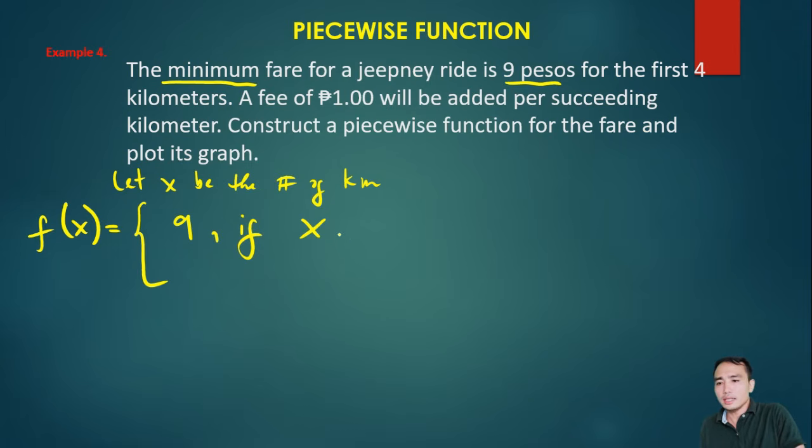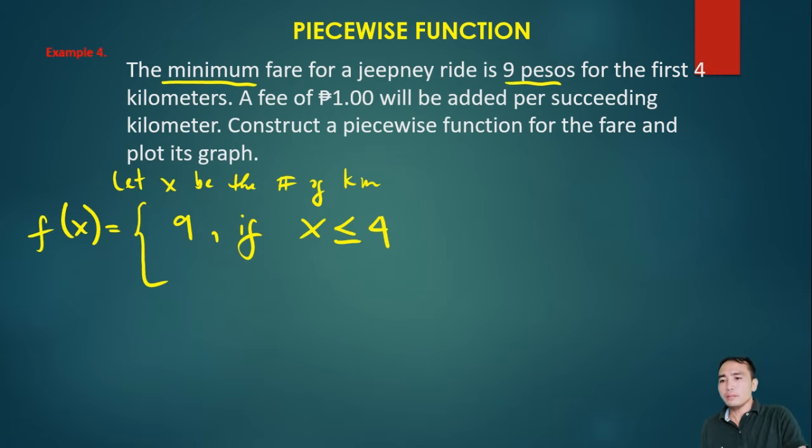Okay, so that is equal to, if x is less than or equal to 4. So, kahit 2 kilometers lang yung ating nilakbay, babayad pa rin tayo ng 9 pesos. Kapag 3 kilometers, babayad pa rin ng 9 pesos kasi nga minimum. That is the minimum fare. That is constant. Okay. Next.